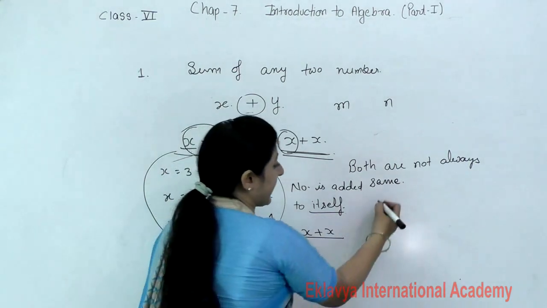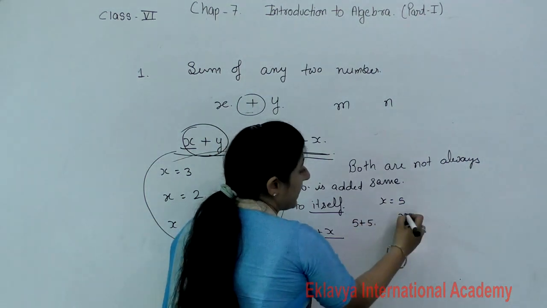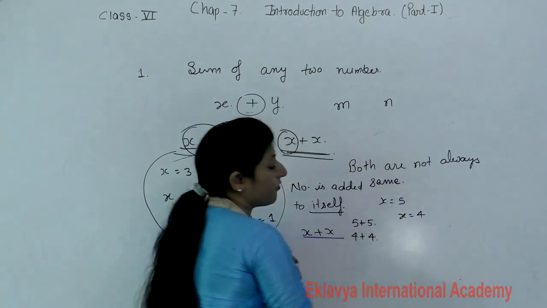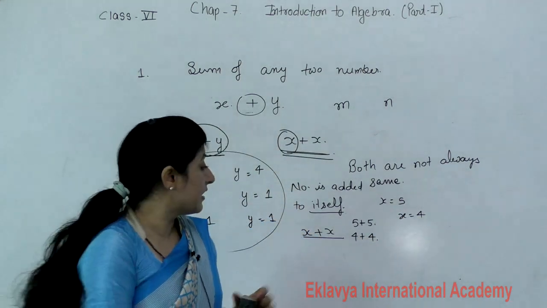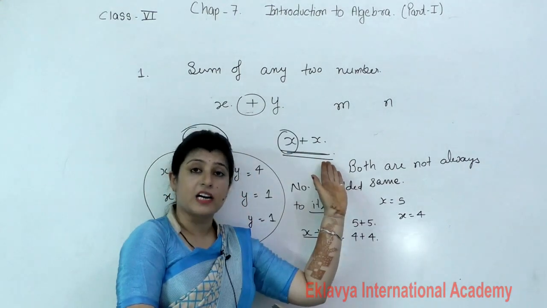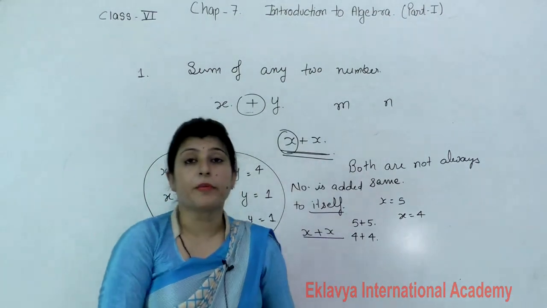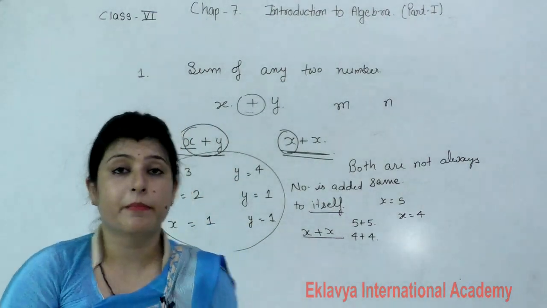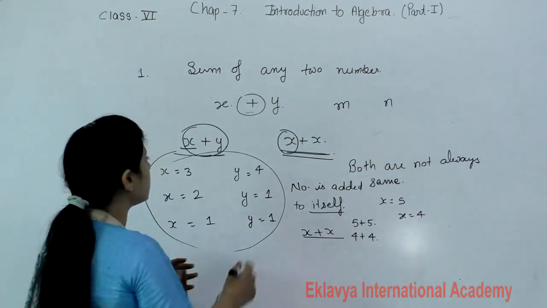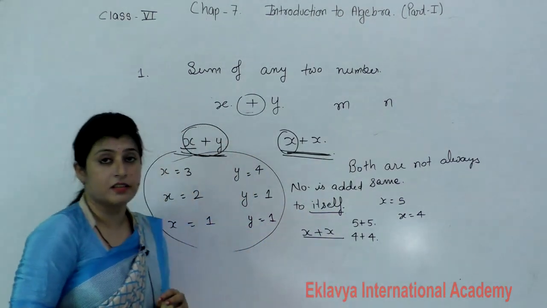If we take x value 5, then here 5 plus 5. If x value 4, then this is 4 plus 4. It means in this case both number are same, but in this case both number may be same or different. So this is the difference between these two things.